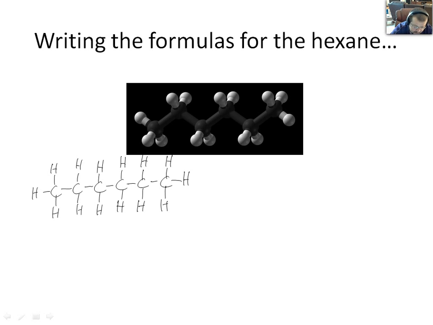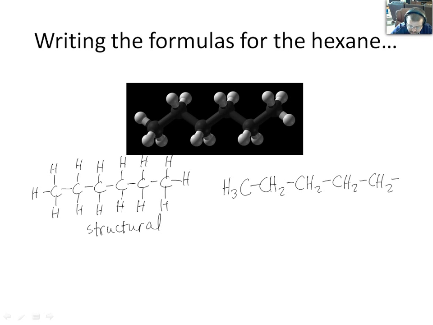Alright, there we go. This would be our structural formula. Now, if we take a look at the condensed formula, we would have H3C attached to CH2, CH2, CH2, CH3. It's our condensed formula, pulling all the H's in next to their carbons.